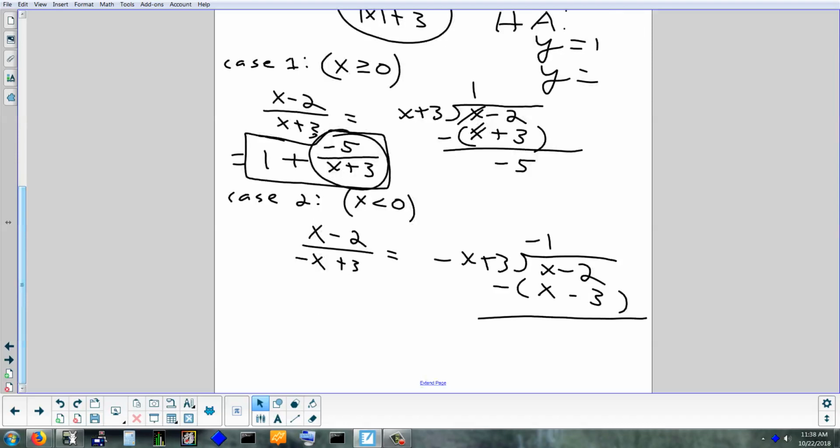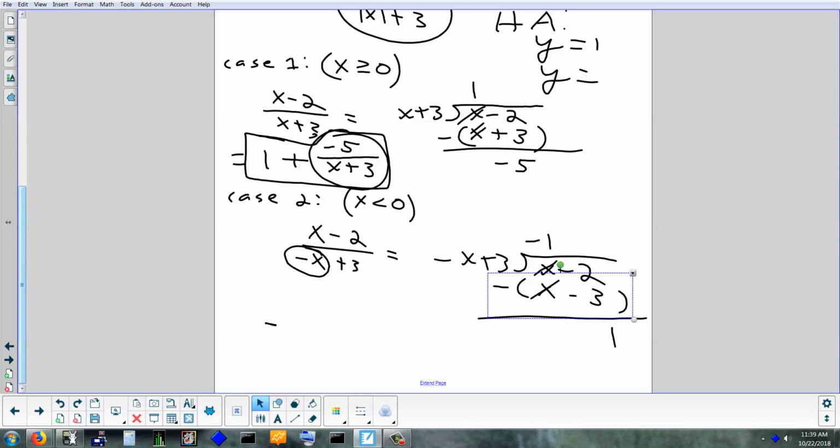Why is it negative x plus 3? Negative x plus 3 because you're taking the absolute value of x. And the only way to take the absolute value if you have a number less than 0 is to change the sign of the number. Okay, when you subtract here, those are gone. Negative 2 minus minus 3 gives me 1.